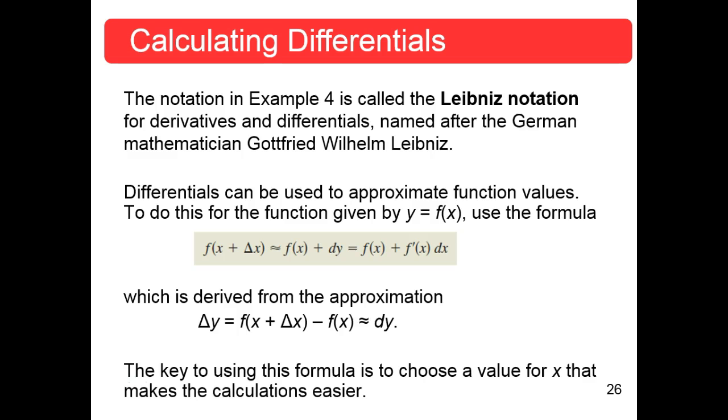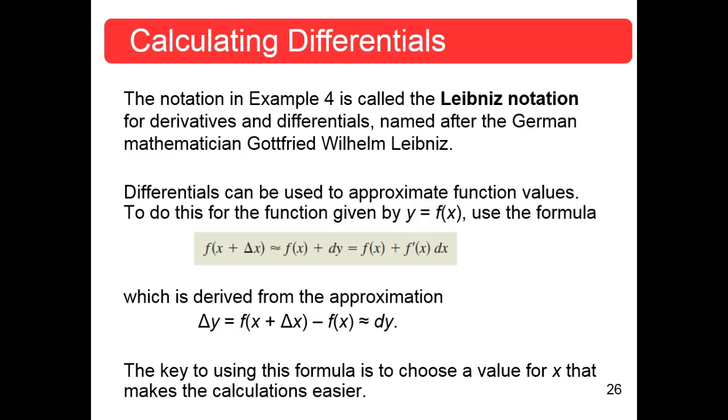Now, is this just another iteration of what we did before? I believe it is. Okay? Which is derived from this, that your change of y is f of x plus delta x minus f of x. That's approximately the same as your dy. So if you put that in here, here's your f of x plus delta x, plus your f of x. You add that to both sides, dy.